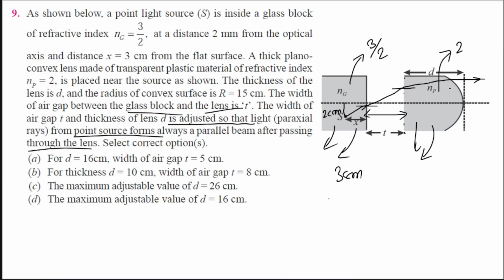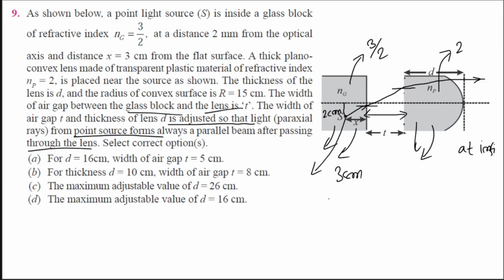So basically the object is here, and the final image is getting formed at infinity, because we are getting parallel rays, meaning they won't intersect in reality. We can assume that they are meeting somewhere at infinity. So this is the question. Now we need to approximate or exactly find the value of t and d.